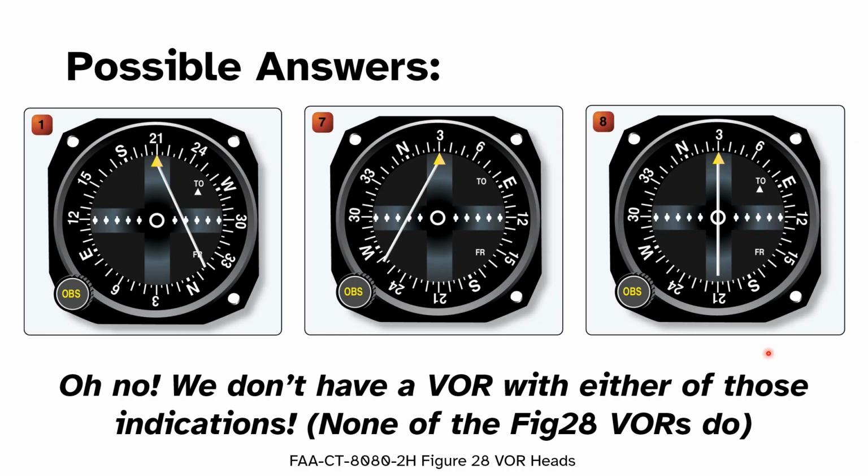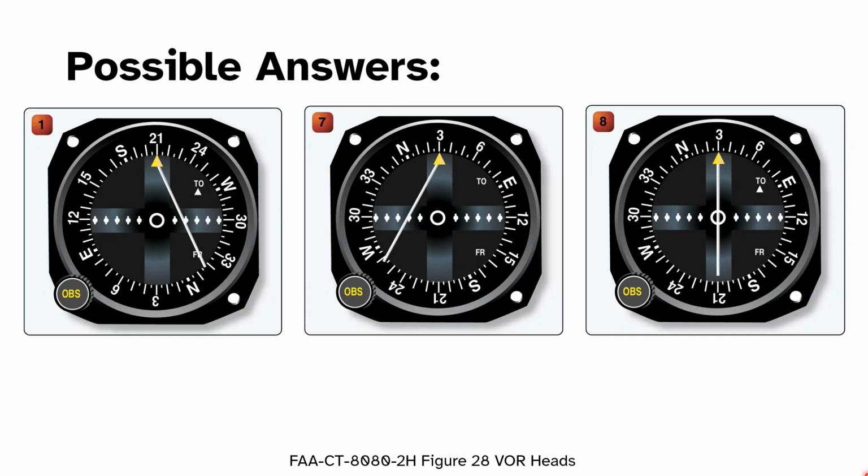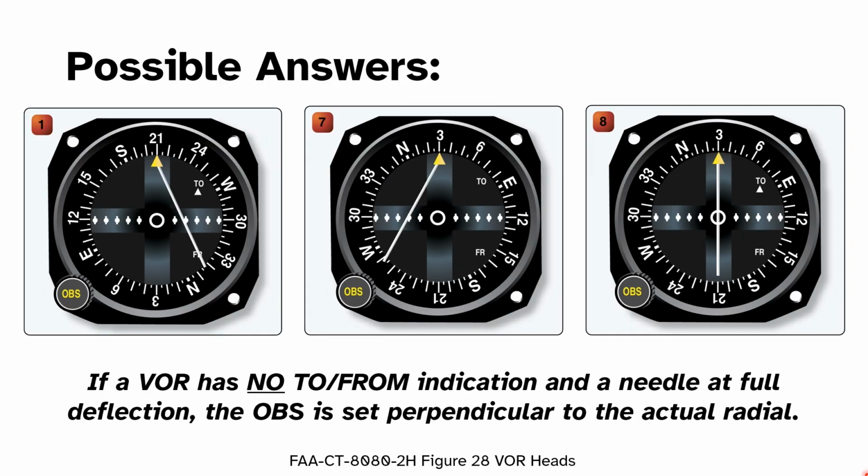We know that we can't be on a perfect 030 to. We know that we can't be on a perfect 210 to or even close to it. We are exactly perpendicular to the course that we've set on the OBS, which means, guess what? If there is no to or from indication and the needle is at full deflection, the OBS is set perpendicular to the actual radial.